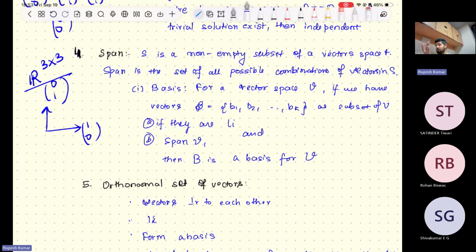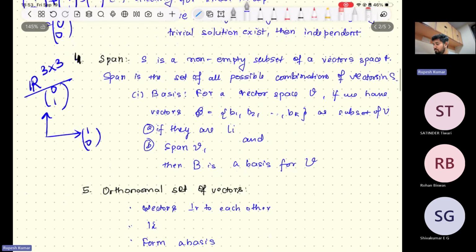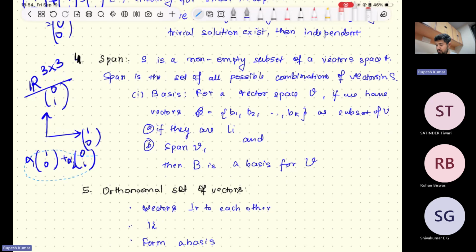So you had a three-dimensional space, and now I am taking the subset of that space formed by the two vectors 0, 1 and 1, 0. Then what is the span of these two vectors? It will be a plane, I think the XY plane. Yes, alpha 1 times 1, 0 plus alpha 2 times 0, 1, right? And what all vectors lie in this space?